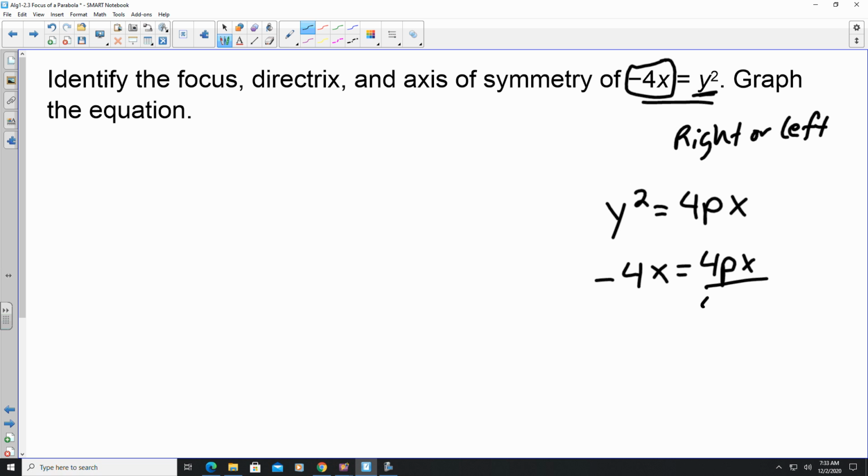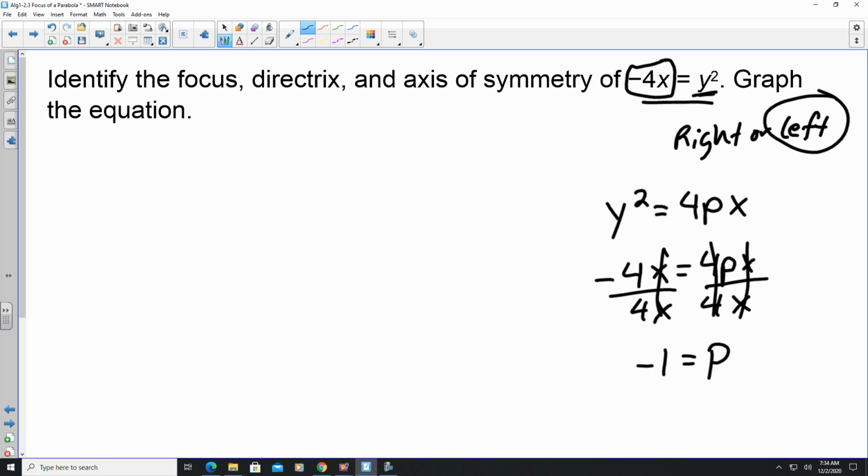So I'm going to divide by 4x on both sides. The x's get canceled in the numerator and denominator, and negative 4 divided by 4 is negative 1. So negative 1 is my value for p. Now that I know my value for p is negative 1, I now know that my graph is going to open up to the left because p is negative.